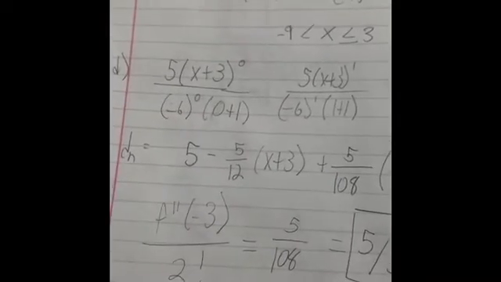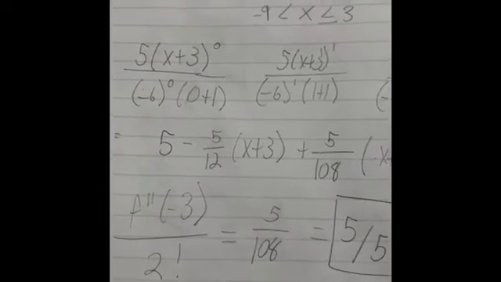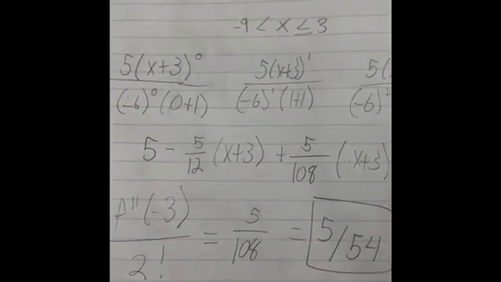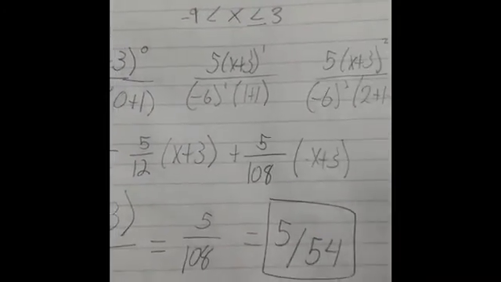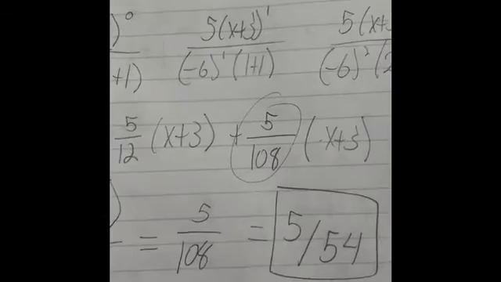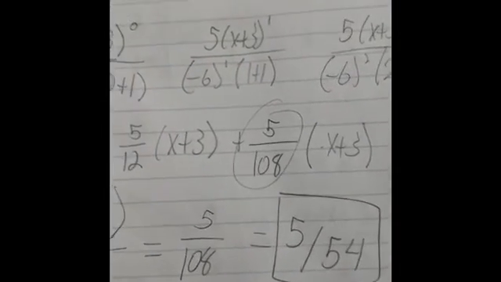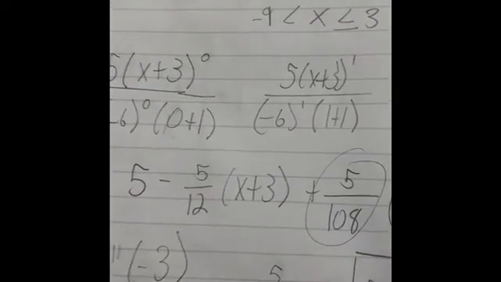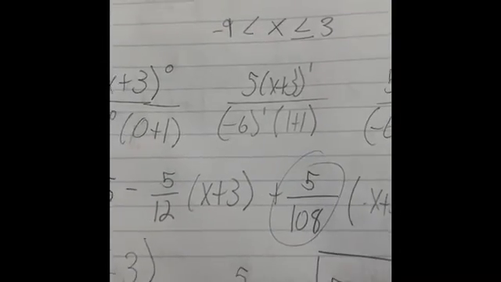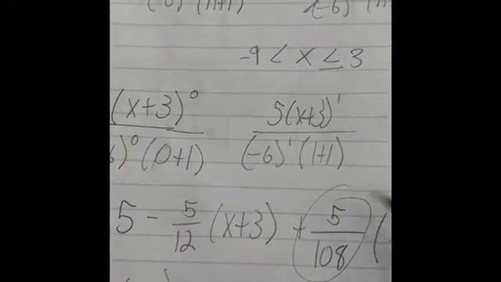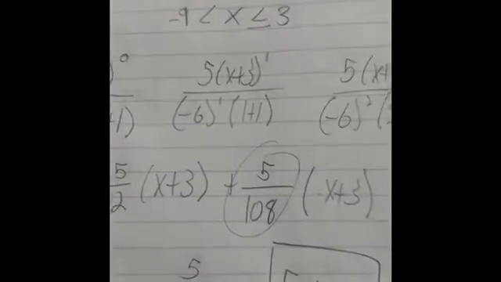And because we know that we want to find the second derivative of f at negative 3, and we are told that they are second degree, D of n and f share the first three terms. We know this is 5 over 108. That will actually be f double prime of negative 3 over 2 factorial, because we just want f double prime of negative 3, not the part in the series where that is divided by 2 factorial.